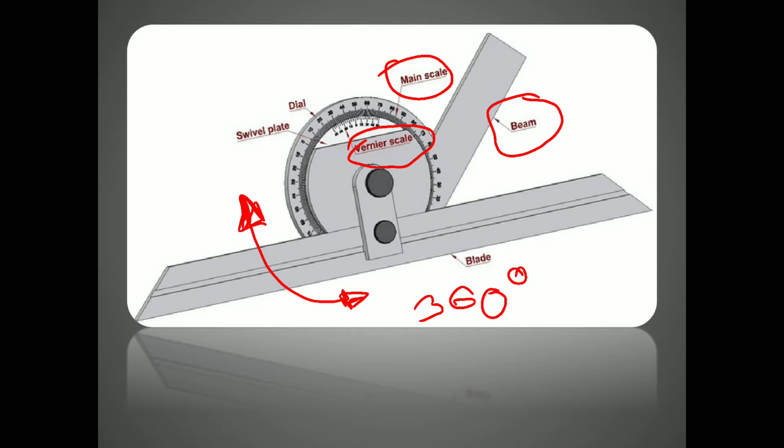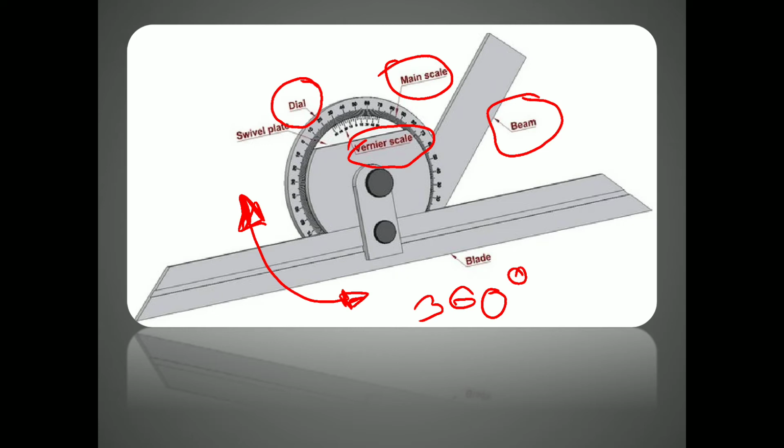This is the dial which is attached with the beam or body, and on which the main scale is engraved, and the swivel plate is placed at the center of the scale. It is steady, it is rotary. With respect to the dial, the swivel plate rotates with the help of the blade, and the actual reading can be taken.